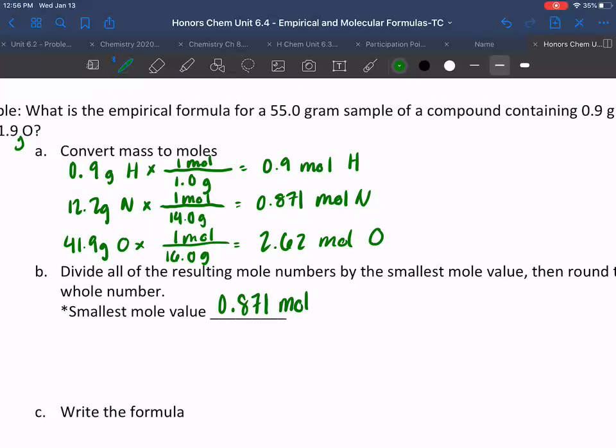Starting with hydrogen, if we have 0.9 mole hydrogen, we divide that by 0.871 moles. Rounding to the nearest whole number, it's about 1 mole of hydrogen.